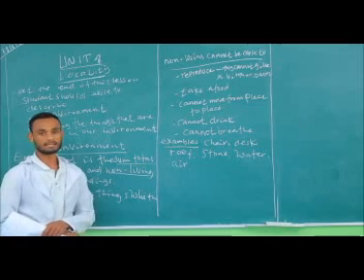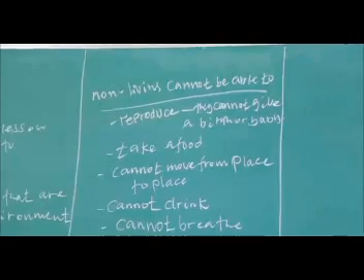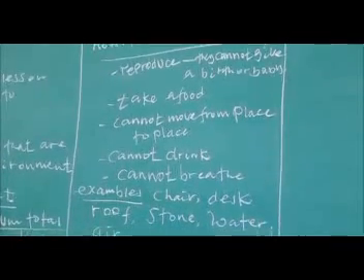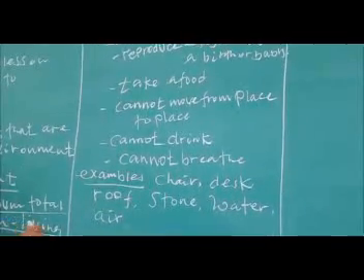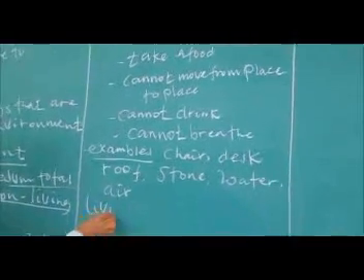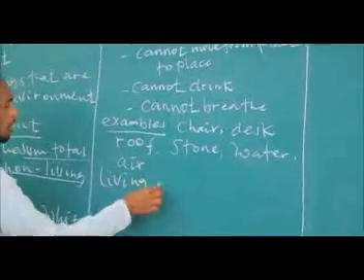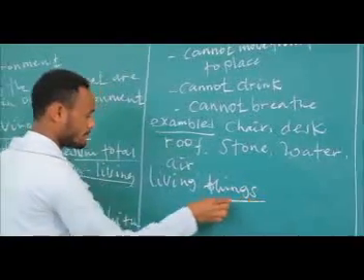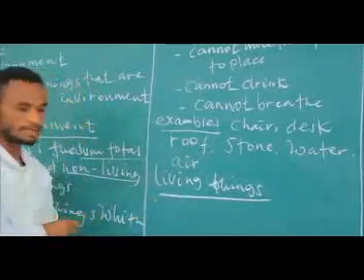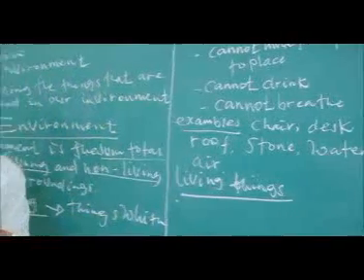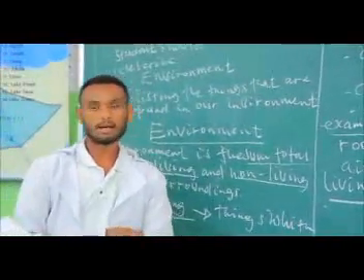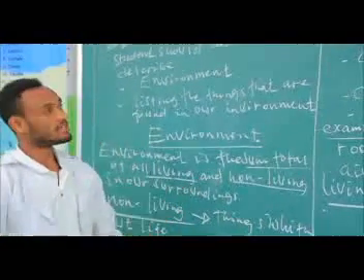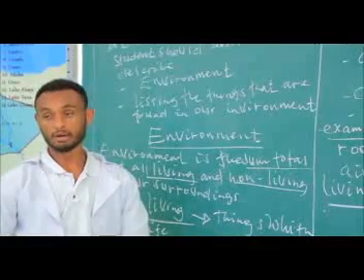Now we will pass to living objects, and we will differentiate between non-living and living things. The second one is living things. Students, I hope you understand what we are dealing with now. Living things are unlike non-living ones.